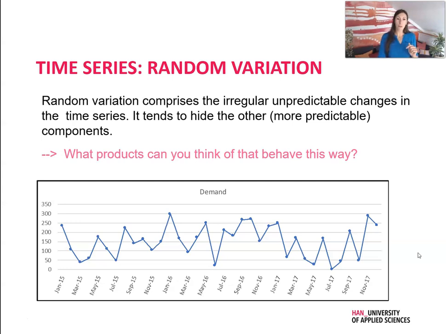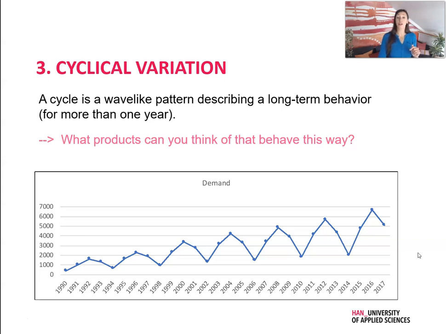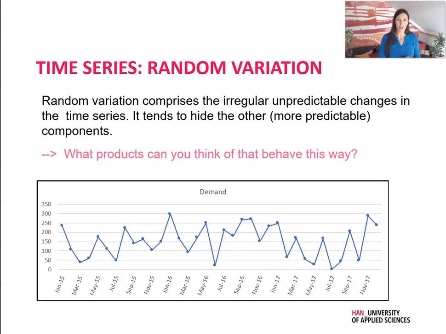But if we go back to the cyclical variation graph we just had, I wanted to show you that there is a cycle, of course, every so many years. But you can also detect there's probably an underlying trend. So it looks like demand steadily increases. So most items have a combination of time series, and it's up to us to try to capture and identify them.